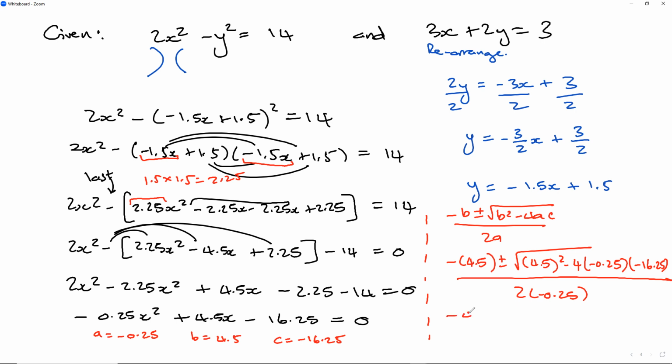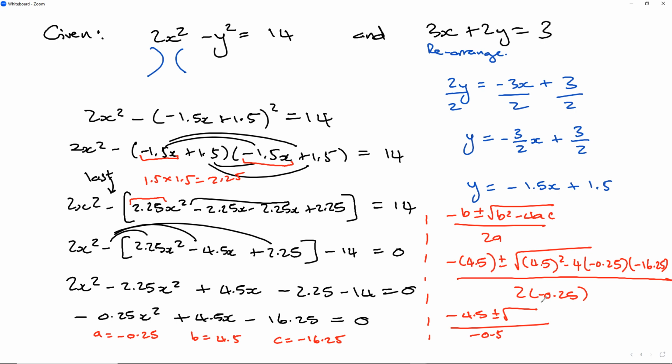We do negative 4.5 plus or minus, and let's get the square root into a single value. And the bottom number we get is negative 0.5. And once we have it in a more simplified form, we can get two solutions step by step in that fashion.